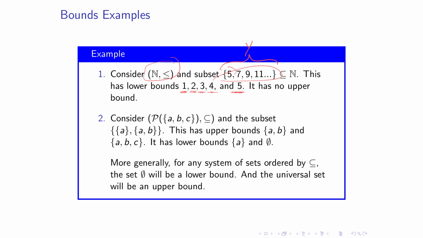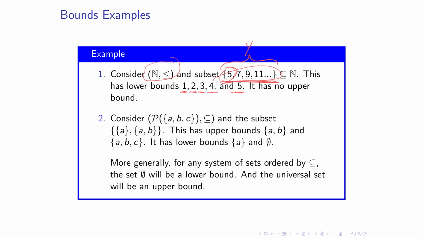Even though 5 is in the set, it is true that for every element of this set, 5 preseqs or is less than or equal to every element in the set. And since this set goes off to infinity, it has infinitely many elements, there is no upper bound. For any number that you might offer as an upper bound on the set, we'll always find one larger, so it has no upper bound.